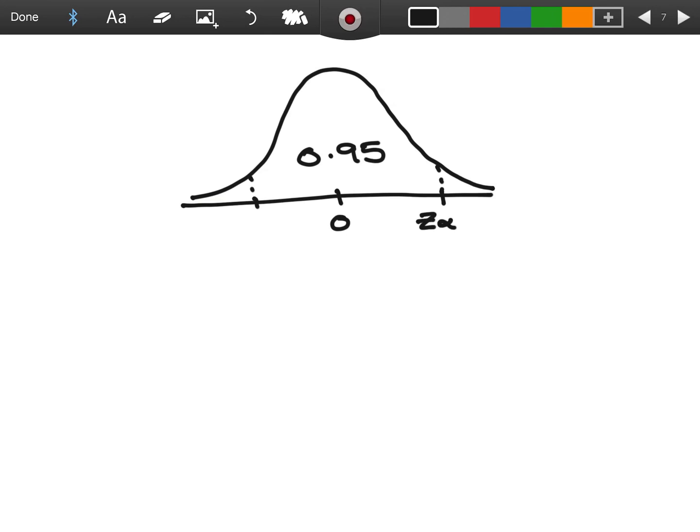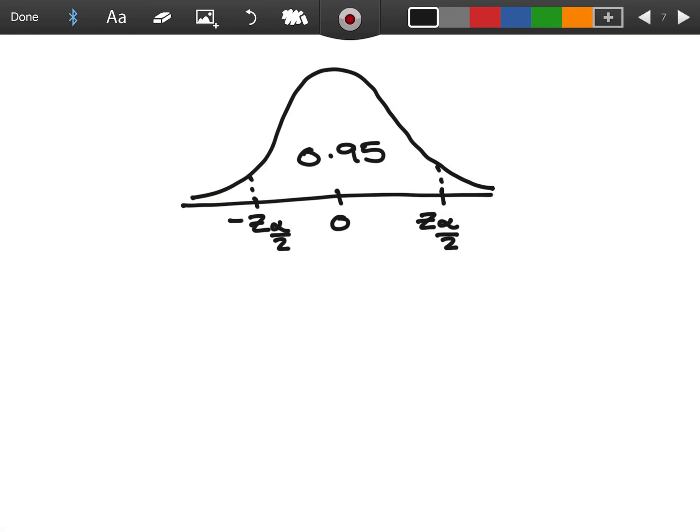That z of alpha over 2 is this value here. Negative z of alpha over 2, because this thing is symmetric, lies right on the other side of 0. And I have 95% of my area, 0.95, that lies between those two values.